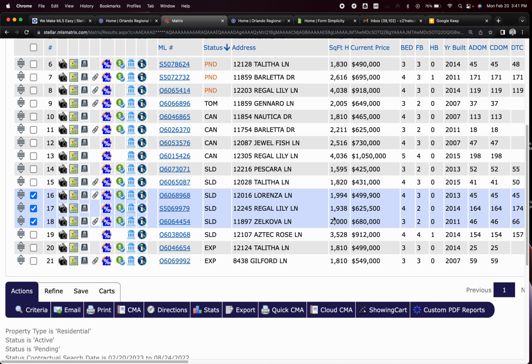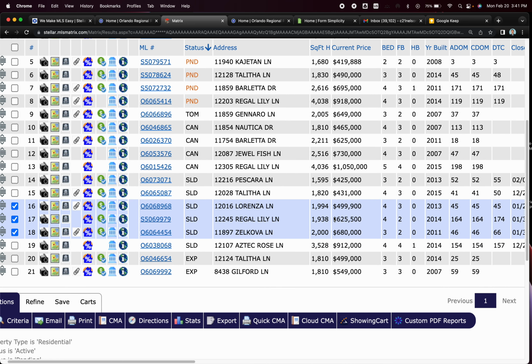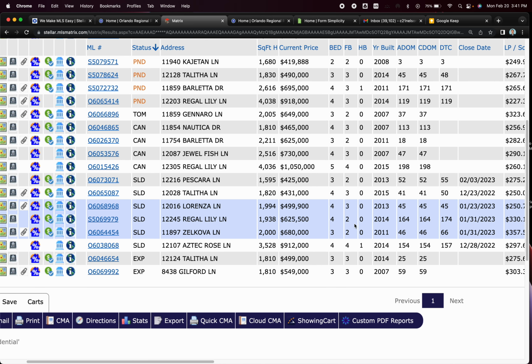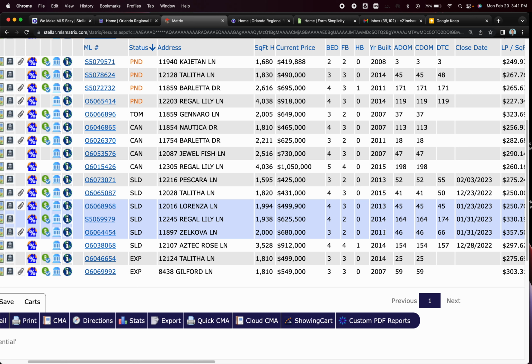So now you have these 3 sold properties that are closest in square footage and year built, I might add. You see here 2013, 2014, and 2011. The subject property was built in 2011. So you want to get as close as possible to your subject property in years and also in square footage.